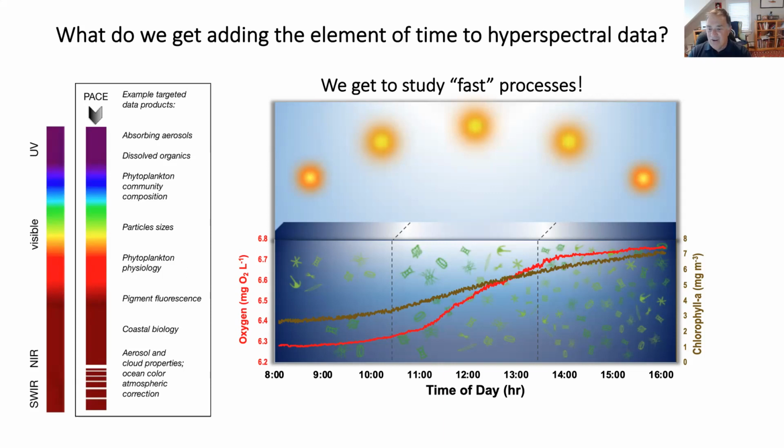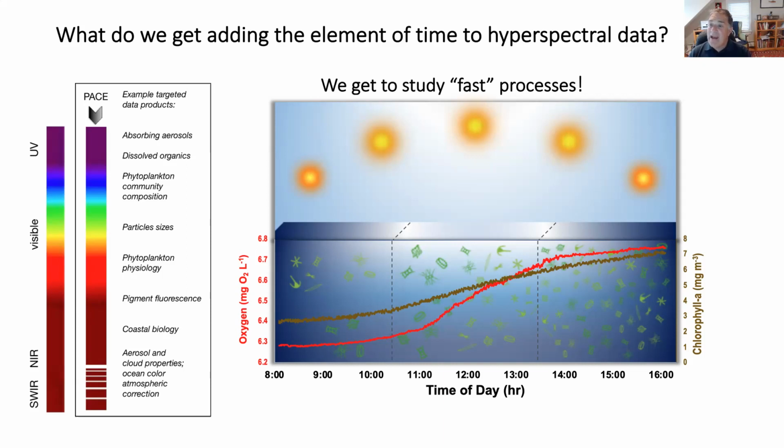They change their carbon to chlorophyll ratios as the sun gets higher. They do all kinds of unusual things over these time scales, but we haven't been able to study that very well with satellite data because we don't have the combination of hyperspectral data every hour.